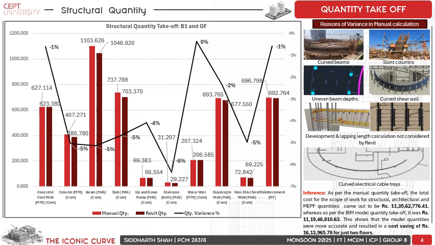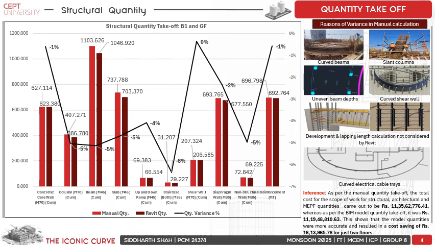Here you can see that the major variance is in the column, beam, and slab concrete quantities, majorly because of the curved beams, slant columns, and uneven beam depths. The reinforcement quantity is also varying by 1%, as Revit does not take into consideration the development length and lap length for the reinforcement part.